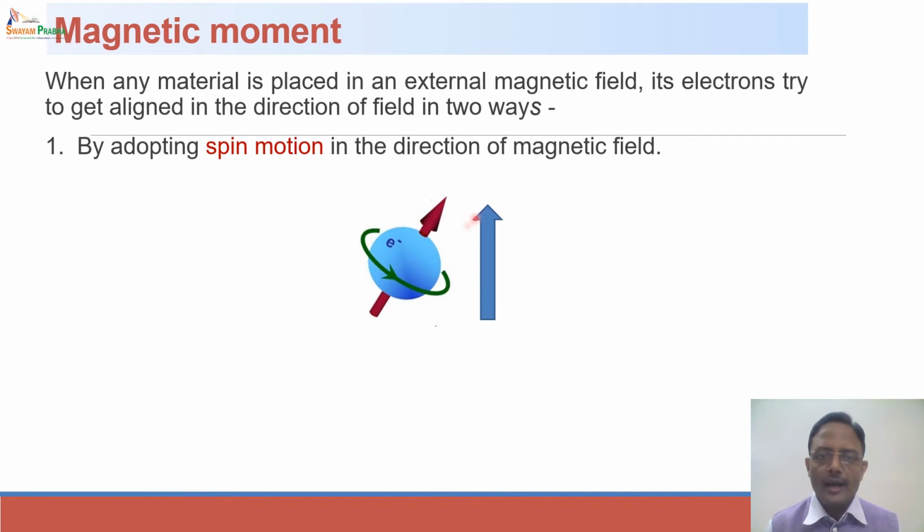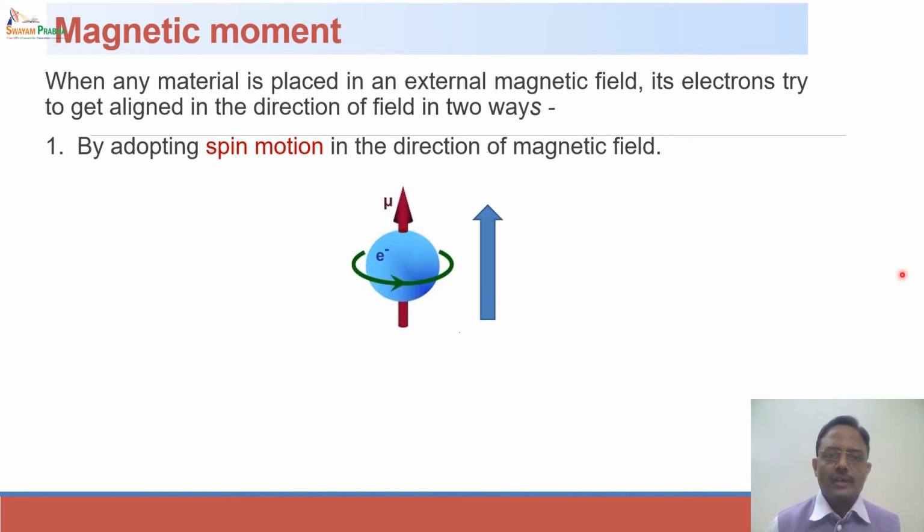Now when we apply an external magnetic field, it starts rotating in such a way that the magnetic moment vector is parallel to the applied magnetic field. As a result, it contributes to the total magnetic moment of the substance by adopting spin motion in the direction of the applied magnetic field.